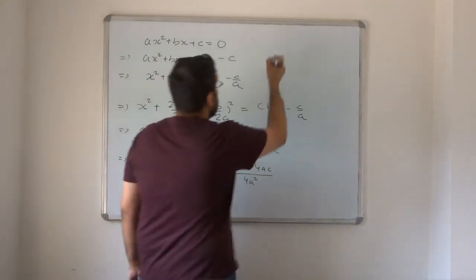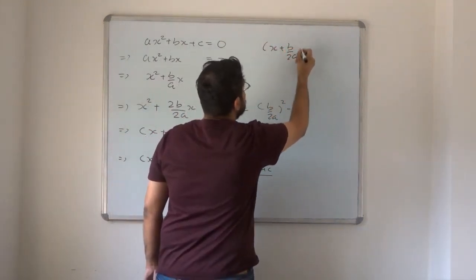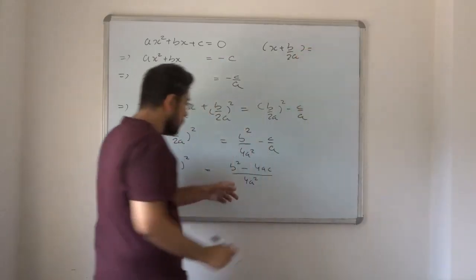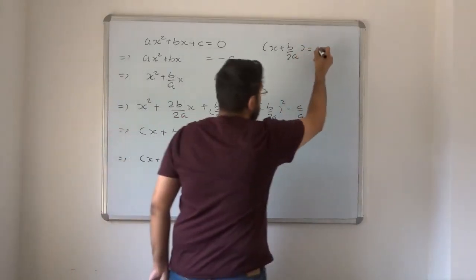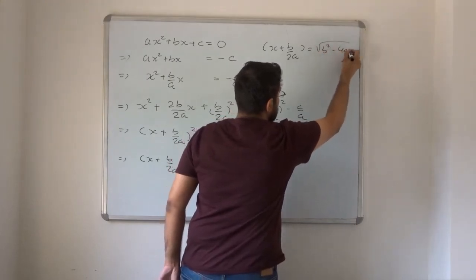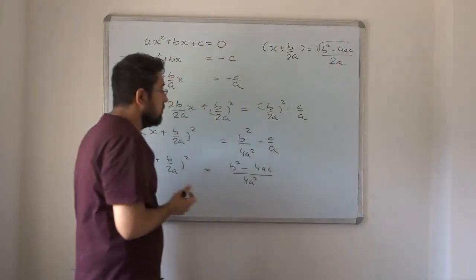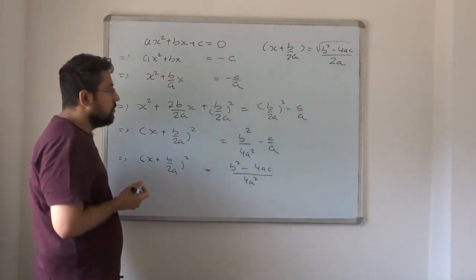Now you have just this left. When you take the square root on this side, you get b squared minus 4ac upon 2a. That's what you get.